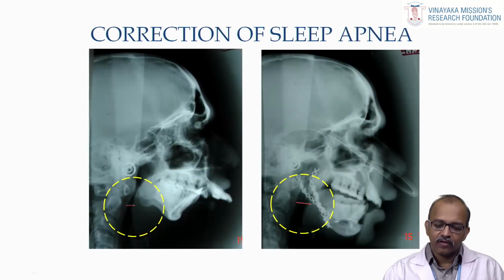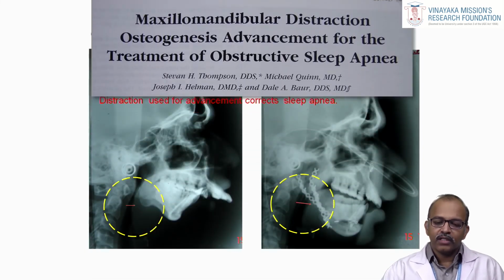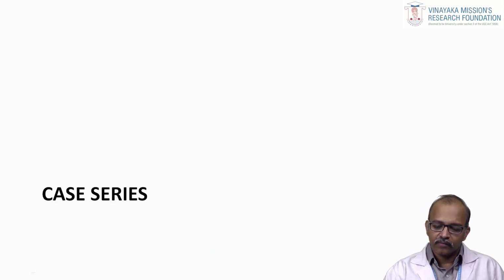Correction of jaw deformities will in turn correct obstructive sleep apnea, which could be because of small jaws. Maxillomandibular advancement could be the treatment for correction of obstructive sleep apnea.